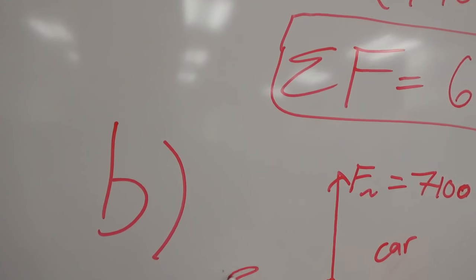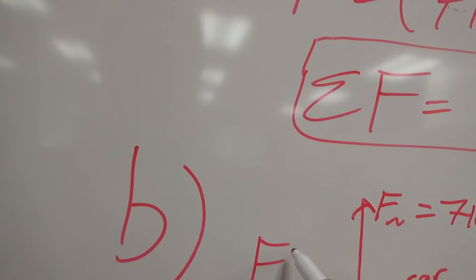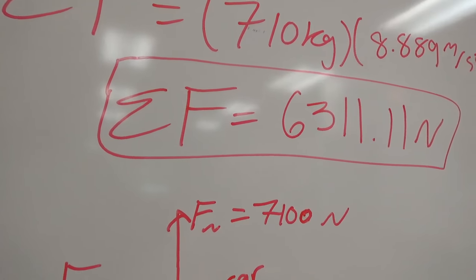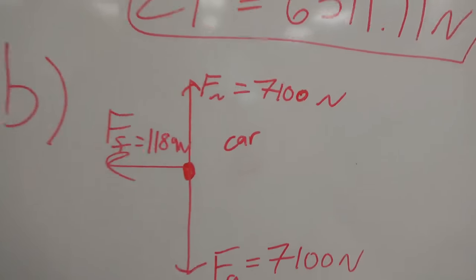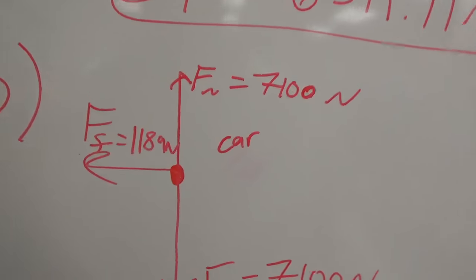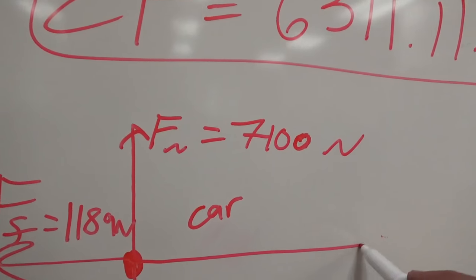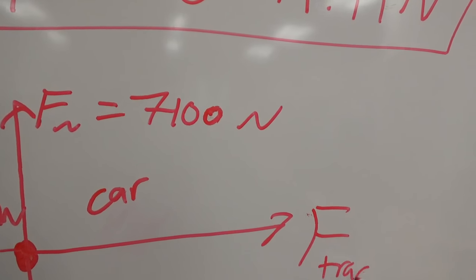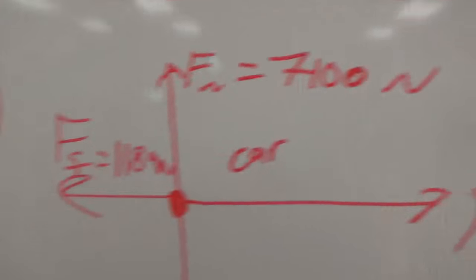There's a frictional force going this way, and they gave it to us at the beginning of the problem, 1,189 newtons. And they hinted that there's something called a traction force in the problem.